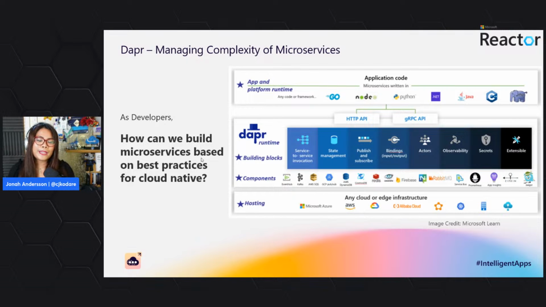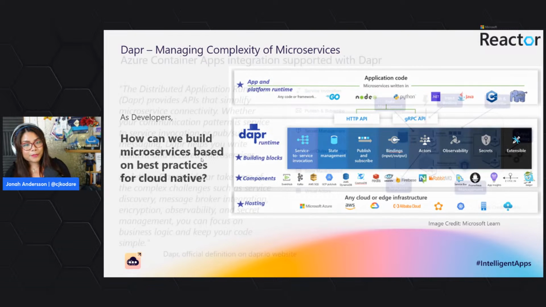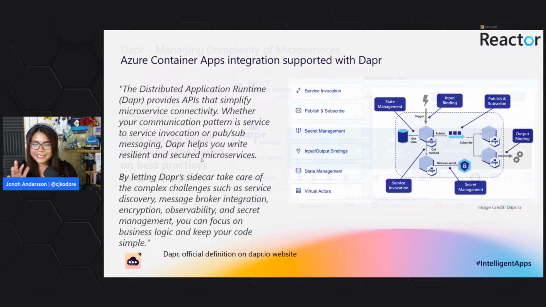So there's actually a feature in ACA or Azure Container Apps for Dapr. So what is Dapr? I hope I pronounce it right. It's just a shortcut actually, but I call it Dapper.